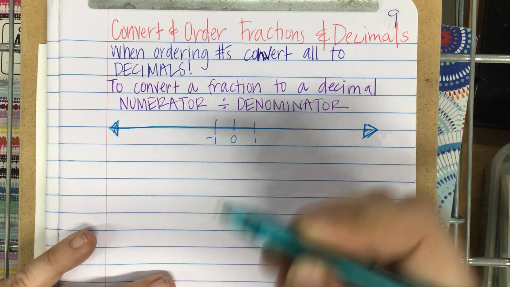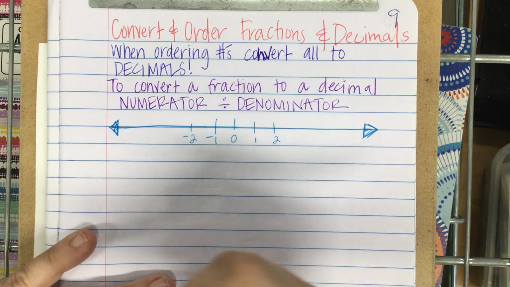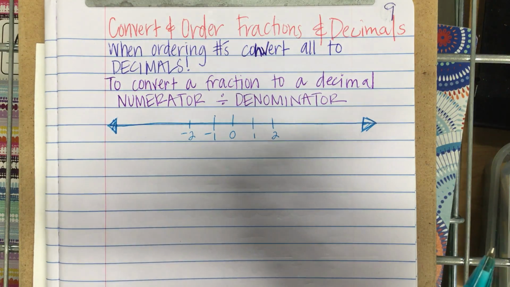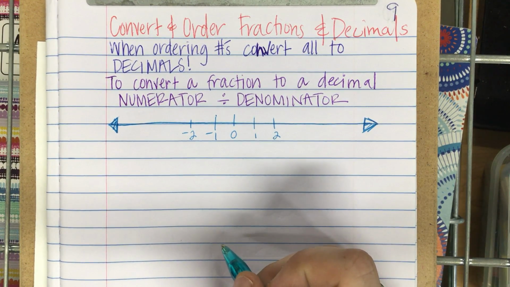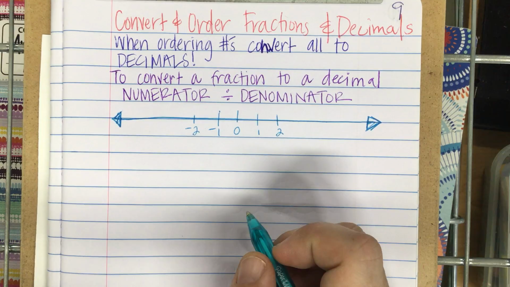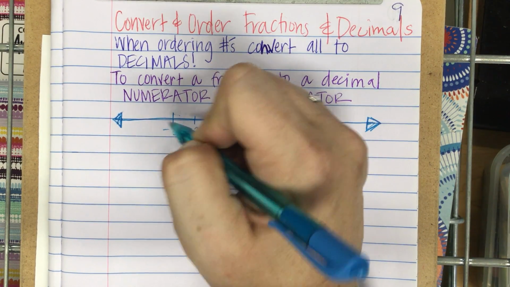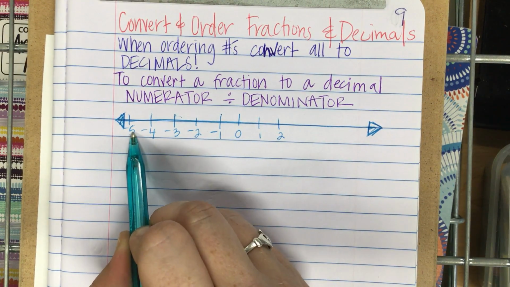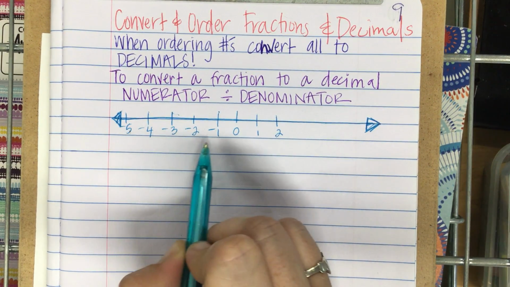Also, we need to remember, the quote-unquote bigger the negative number, the smaller it is, right? -5 is smaller, is less than -1, because here's -3, here's -4, here's -5. -5 is smaller, less than is the better word, right? -1.